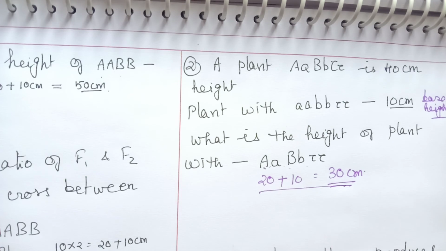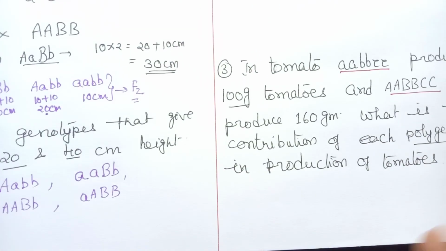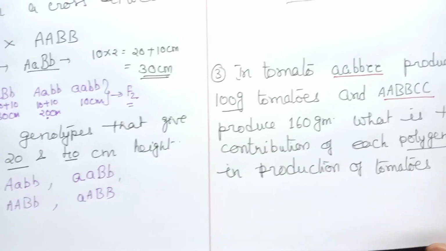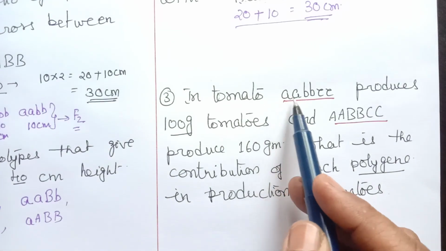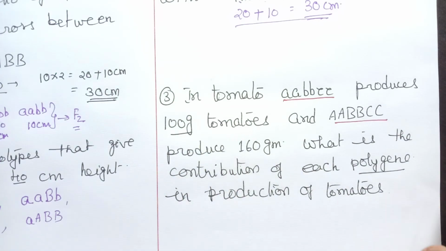Okay, now another question. Next question. In tomato with the genotype, what is the genotype given? With all recessive alleles, this genotype produces 100 grams tomatoes.